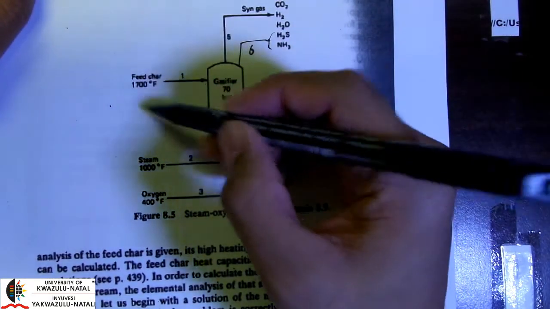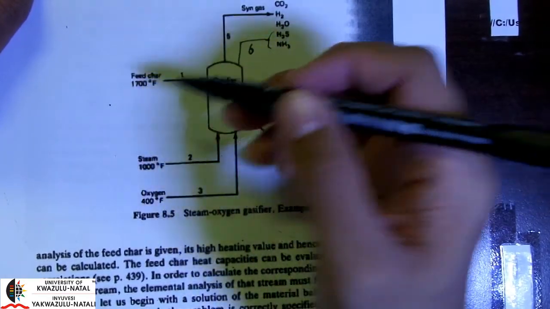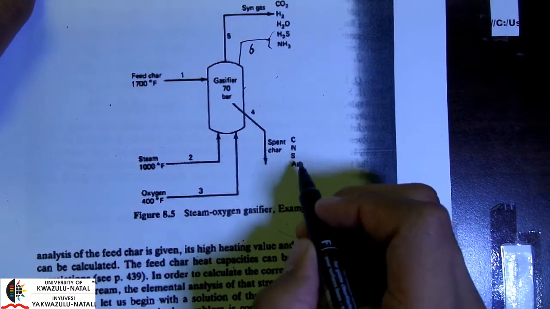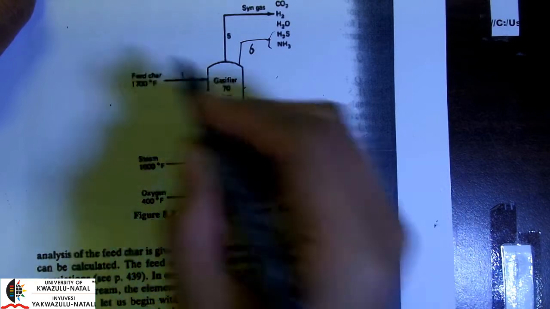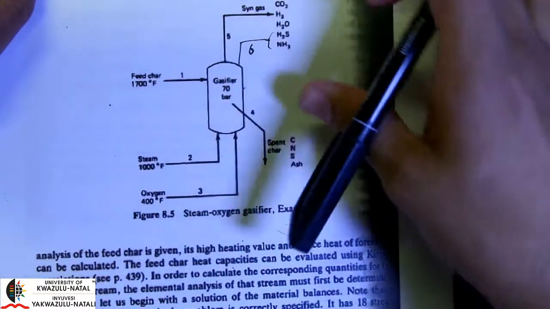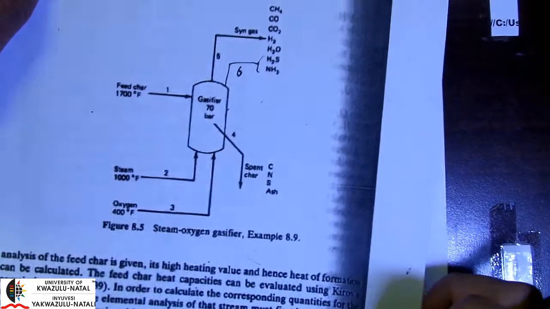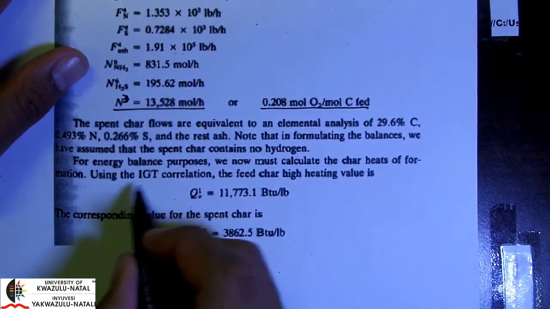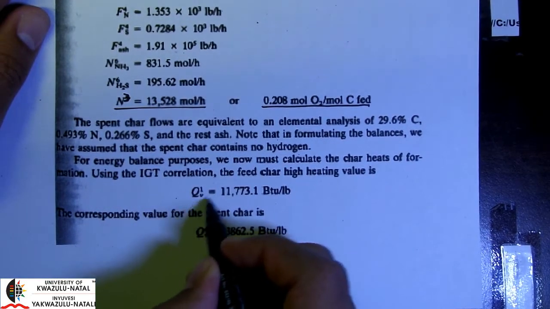One thing to worry about is that we have a feed char with an ultimate analysis, and we also have a spent char, so we can actually find our higher heating value, that's our QV, using the IGT correlation. So that IGT correlation that we've looked at in the beginning, we can use that to obtain QV.